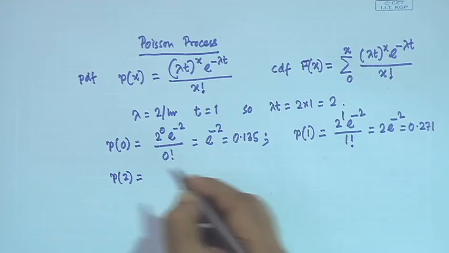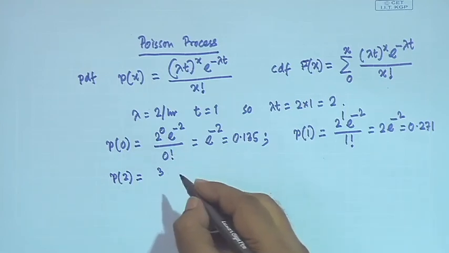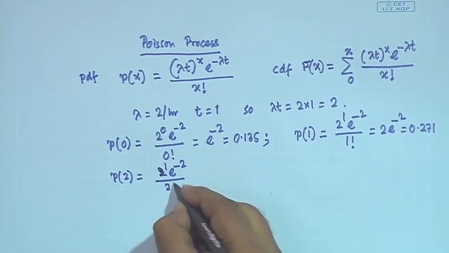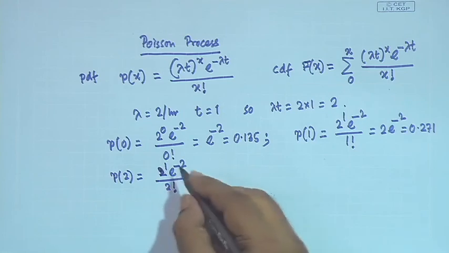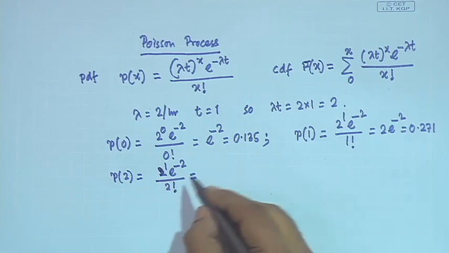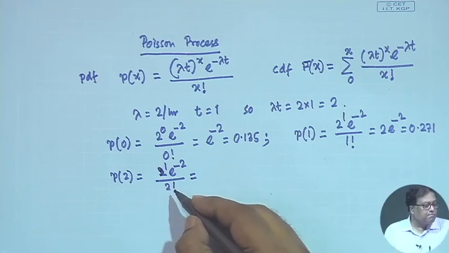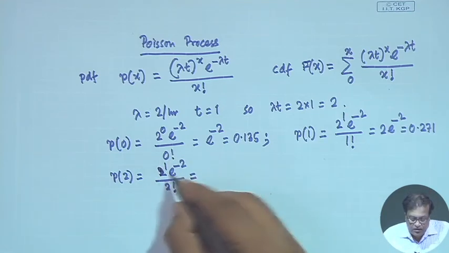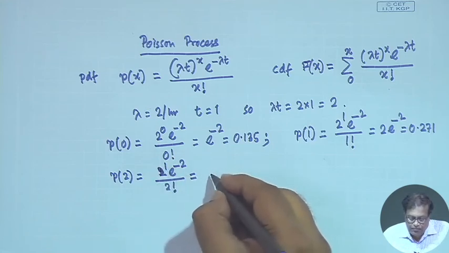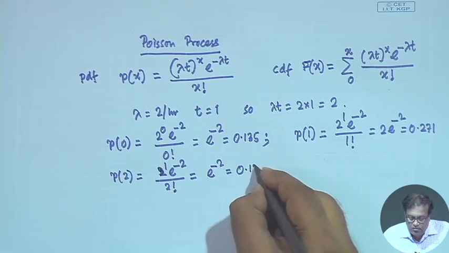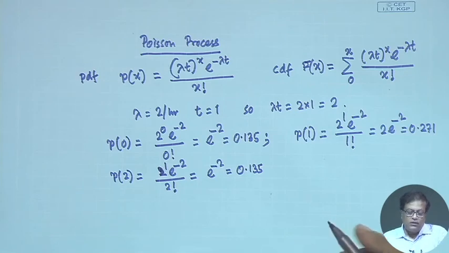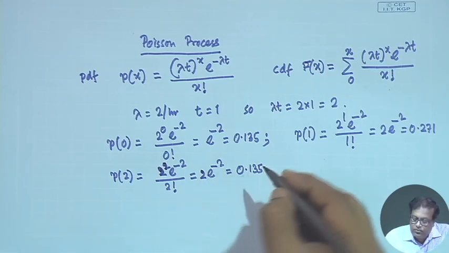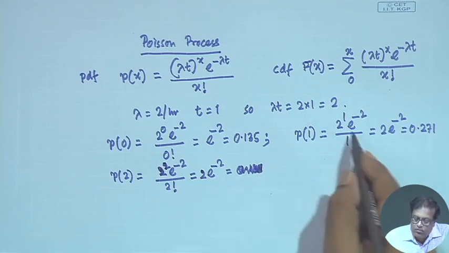Similarly, P(2) will be 2 to the power 2, e to the power minus 2, by factorial 2, which is 4 by 2.